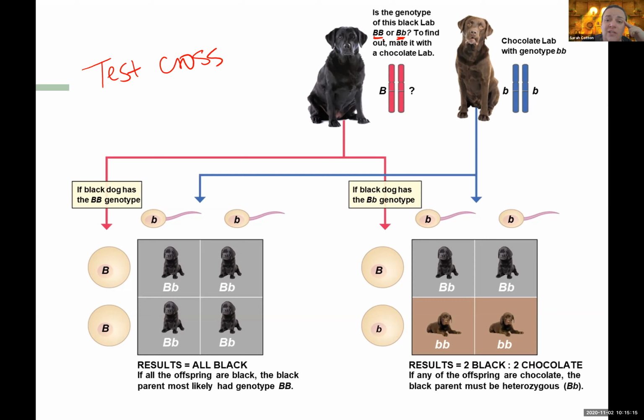Okay. So the way that you do a test cross is you take an individual that has a dominant phenotype, but you're not sure of their genotype, right? That's her. Okay. And you cross her with an individual who is homozygous recessive. Why would we do that? Well, let's walk through it. Okay. Let's go through it.